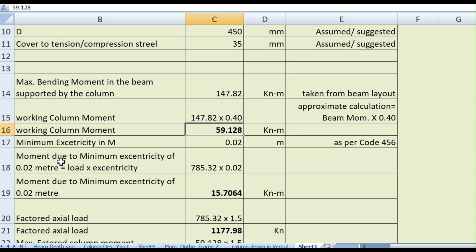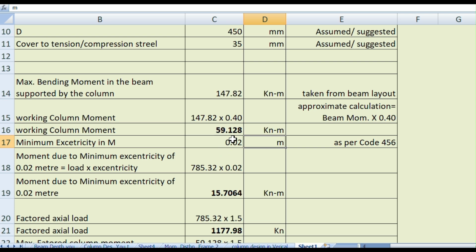Another condition given in IS 456 is that the minimum eccentricity in any column should be taken as 20 mm. Converted into meters, this is 0.02 meter, 2 centimeter approximately.